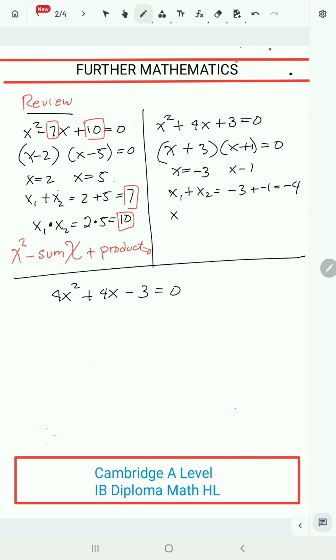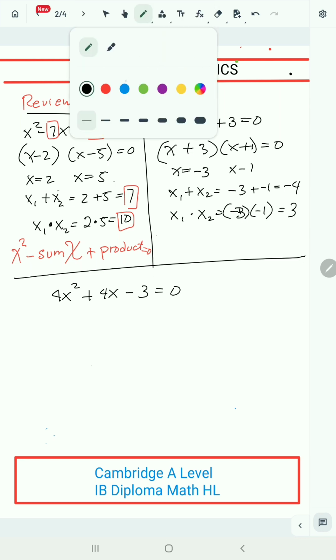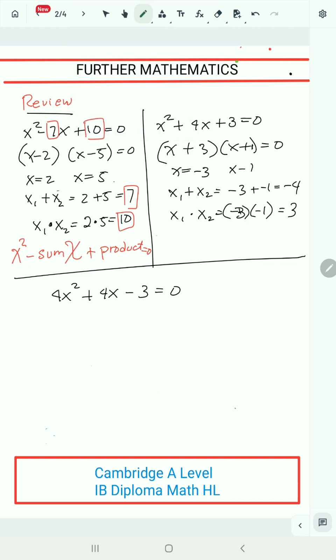And this is now the product: x1 times x2 is negative 3 times negative 1, which is equal to 3. Again, please notice something. The 3 is the product, plus the product. The negative 4 is the sum.